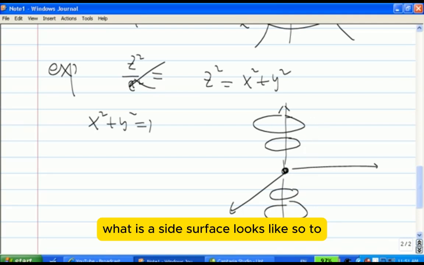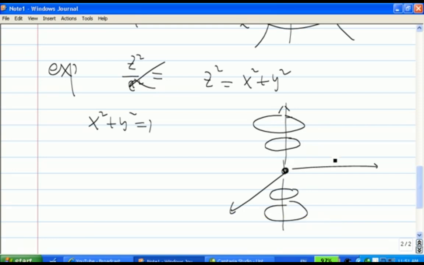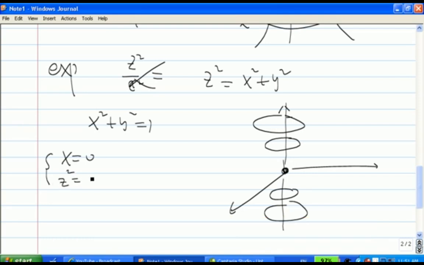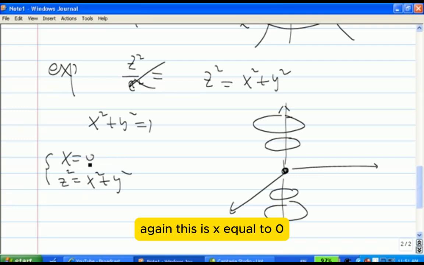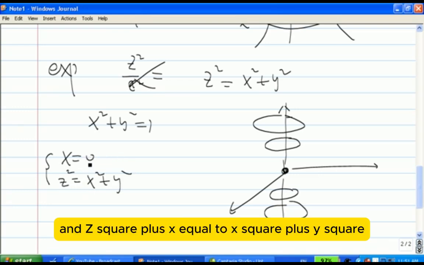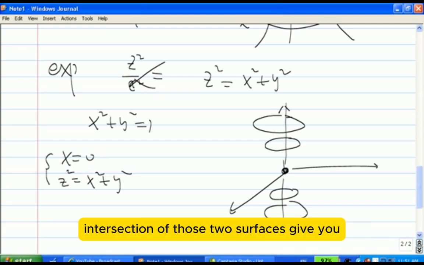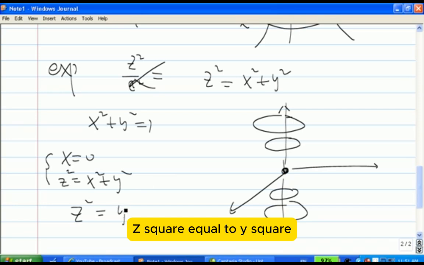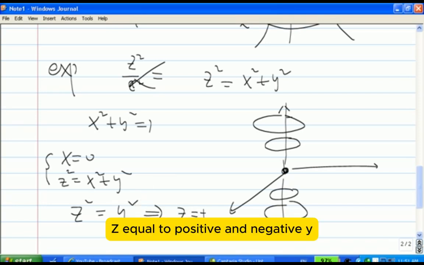So to see that, we let x equal to 0. Combine with this. Again, x equal to 0 is a surface. z squared equal to x squared plus y squared gives you another surface. The intersection of those two surfaces gives you z squared equal to y squared, which is equivalent to saying z equal to positive and negative y.